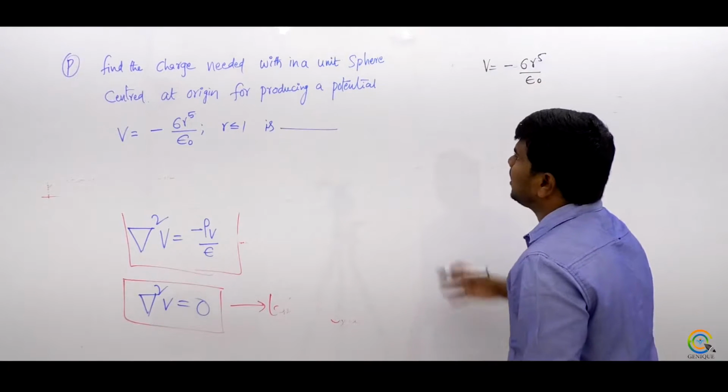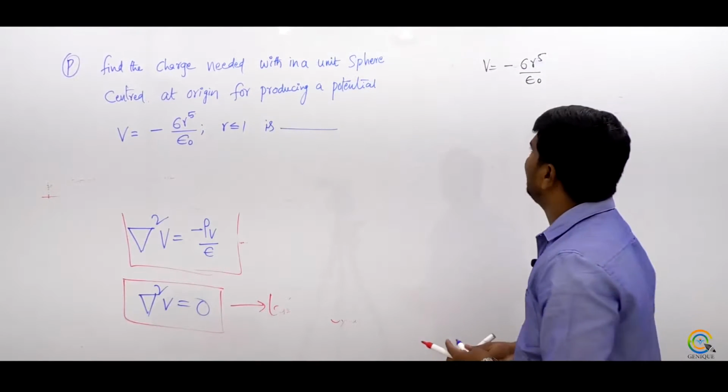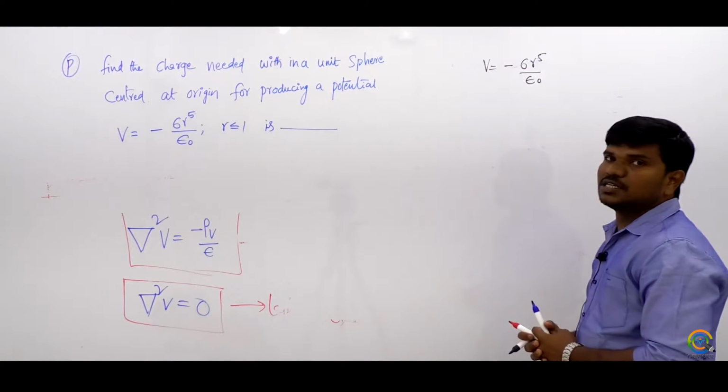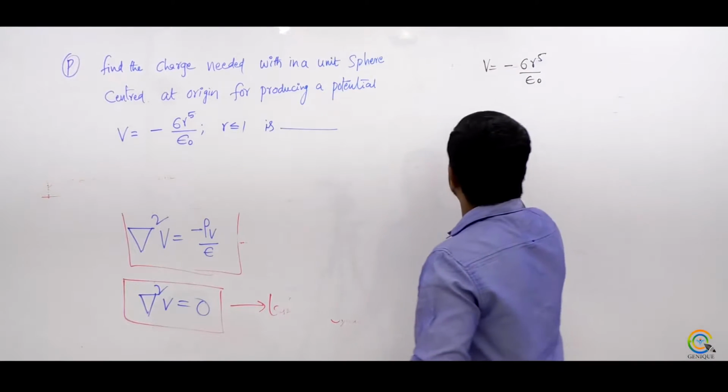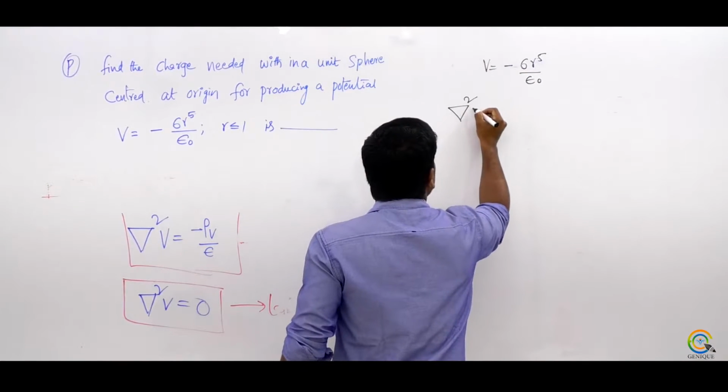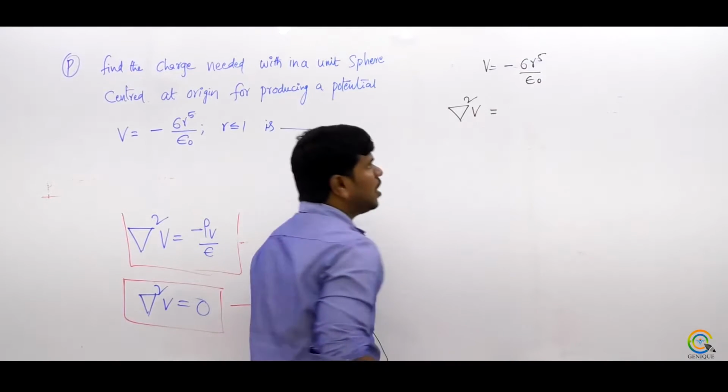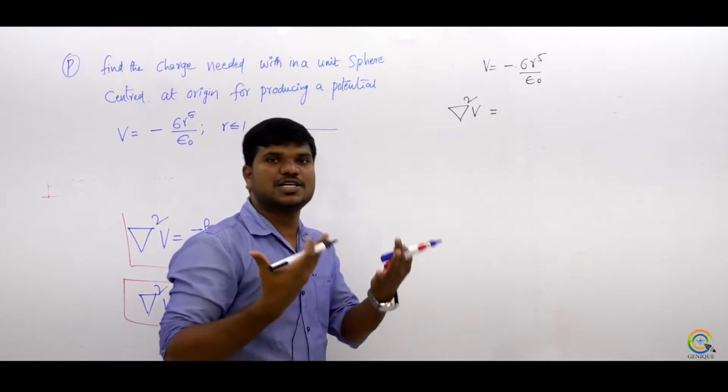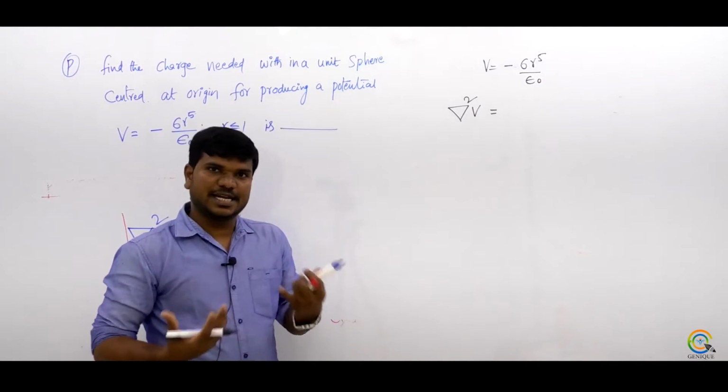Because it is a sphere, we know it is given in spherical coordinates. So what is del square V? How can we find del square V in spherical coordinates? Is there any relation?